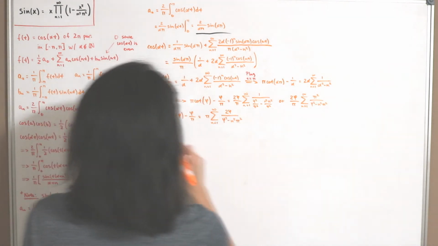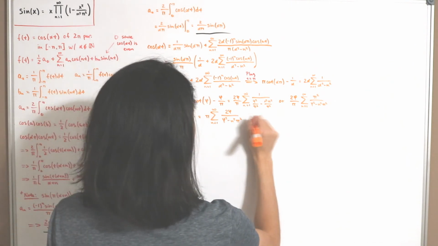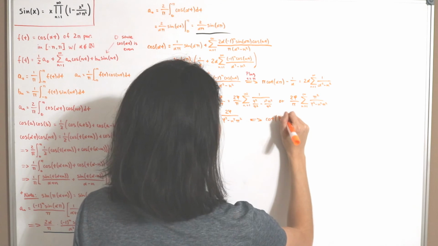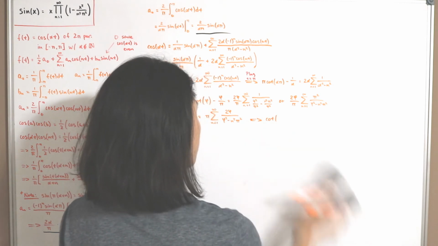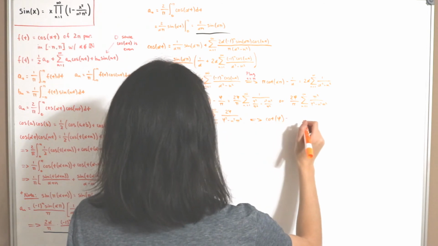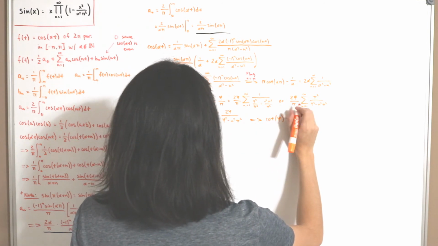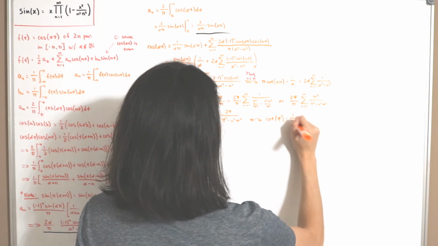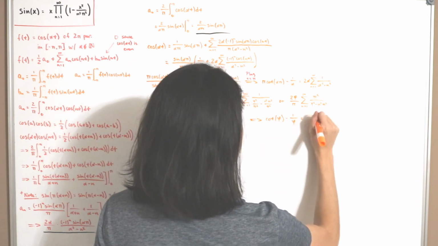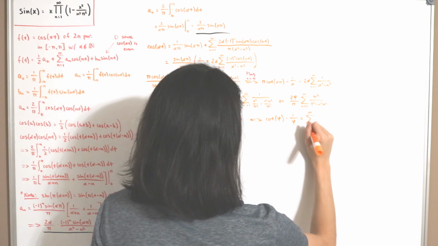And now I'll just divide pi to both sides. So this means this is just cotangent of phi, divided by pi, then minus 1 divided by phi, and then we have just our infinite series without the pi being multiplied.